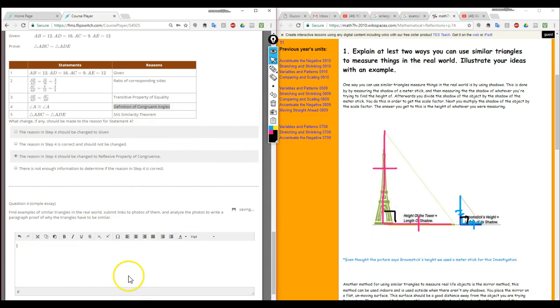So I would write the scale factor from the broomstick length to the length of the height of the tower would be the same as the scale factor from the broomstick shadow length to the tower shadow length.